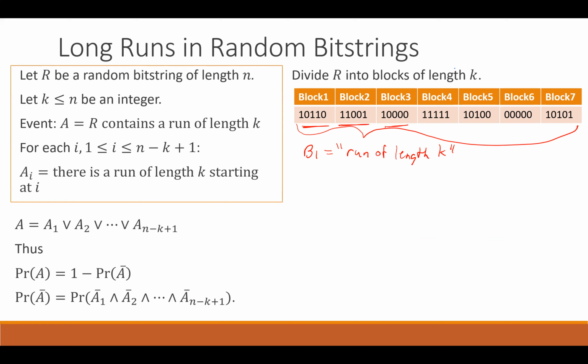Now this does not overlap with B2. If this is block 2, these are disjoint parts of the bit string, which means they have no coin flips in common, so they're going to be independent events.